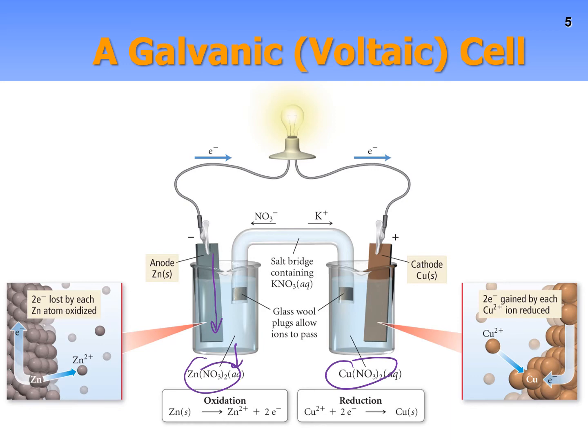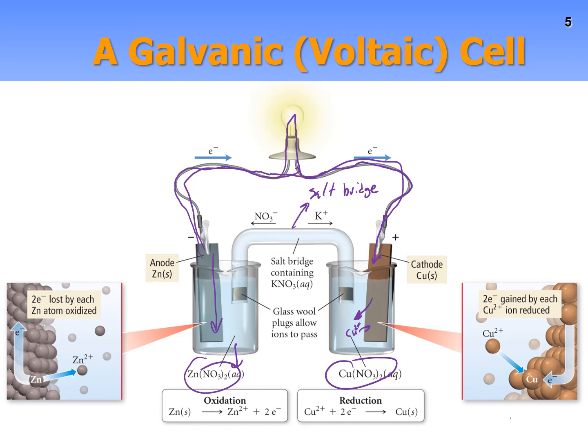And what's going to happen here is because I connected them with a wire, and this thing is called a salt bridge, electrons will flow from this metal bar through the wire into this light bulb, heat up the coil, make it glow, and then go into this metal, and then move from the metal into the solution, causing the copper 2 plus in the solution to precipitate.